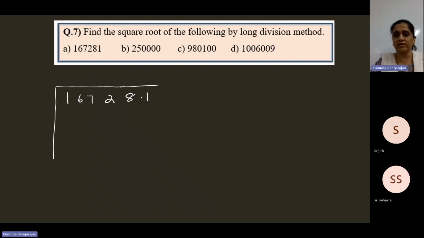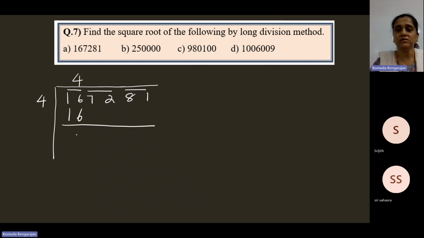Let's do the first one together. So what do we have to do? We'll have to group the digits backwards. Group in pairs from backwards. All right. So 817216. 4 4s are 16.